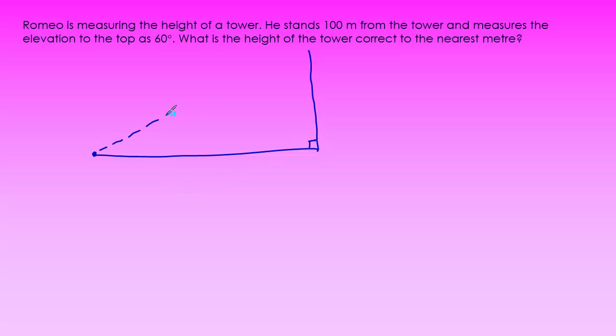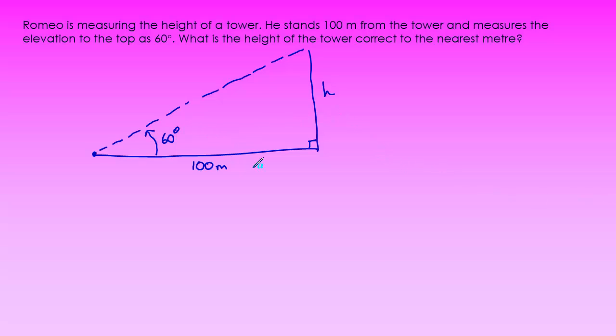And then he looks up at the top of the tower like so, and the angle of elevation here is 60 degrees, and he's 100 meters from the tower, and we want the height of the tower.